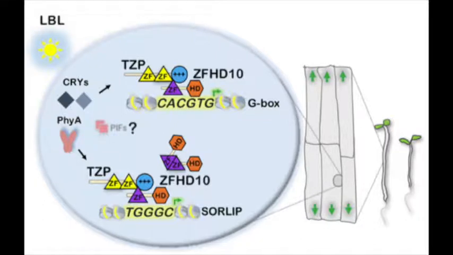So again, it would suggest that TZP is involved in integrating signals from different stimuli, not just light, which I think is one of the most important aspects and something we need to keep an open mind about, to think of the big picture and not just our favorite photoreceptor or pathway, because obviously the plant has to respond to different stimuli at the same time and make a decision whether to grow or stop growing or differentiate.